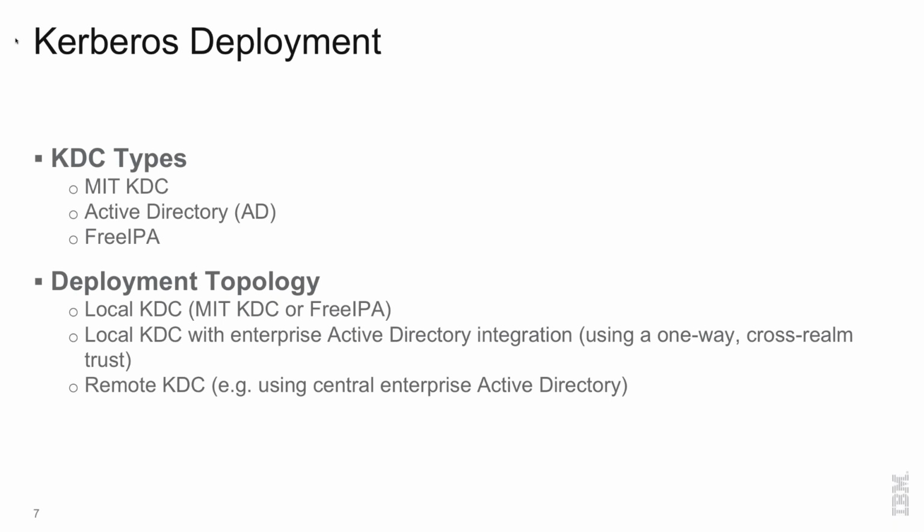So that way you don't have to replicate all your Active Directory users into your local KDC. So basically use a one-way cross-realm trust, so that when the end user logs in, instead of checking with the local KDC, the local KDC will just forward that to the enterprise Active Directory to verify the authenticated user.